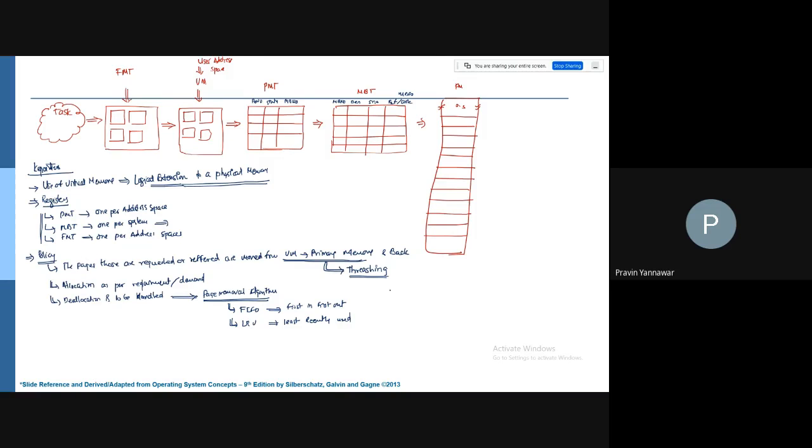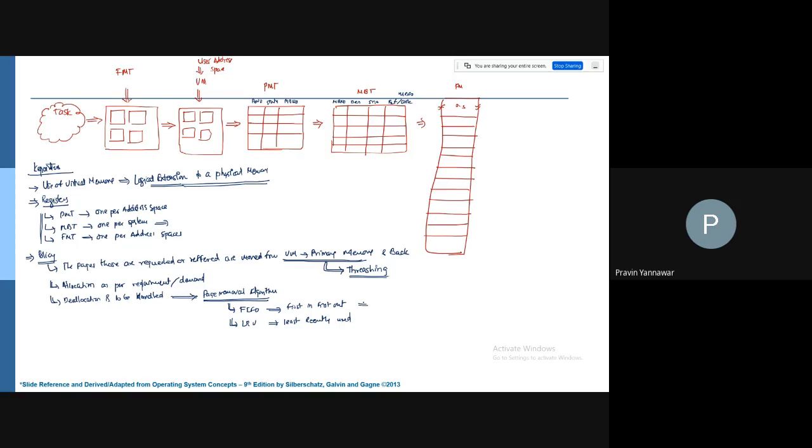First in, first out means the page which comes first has to be moved out first. Least recently used means the page which is referred to the minimum number of times, or which exists for a very minimum time in primary memory, has to be taken back. So the page which is least used has to be moved back.